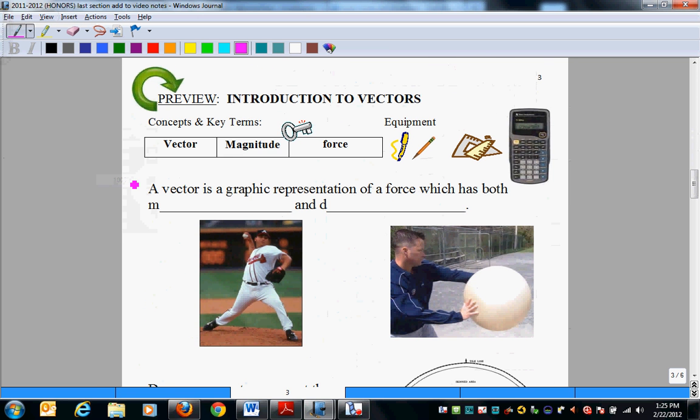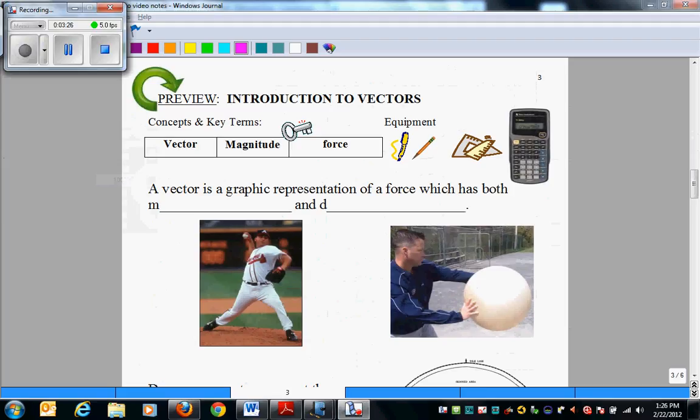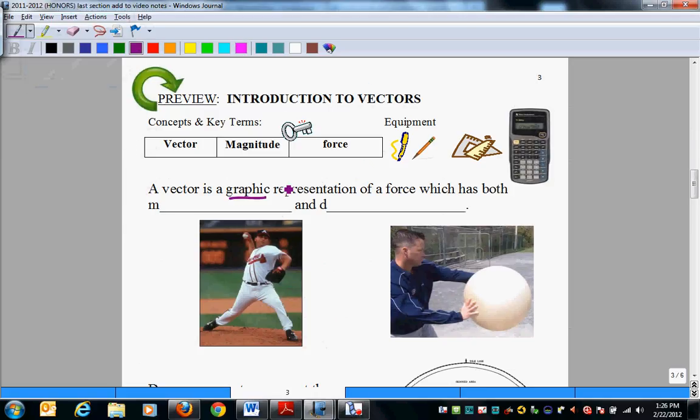Now we're going to talk about vectors. A vector is a graphic representation of a force which has both magnitude and direction.